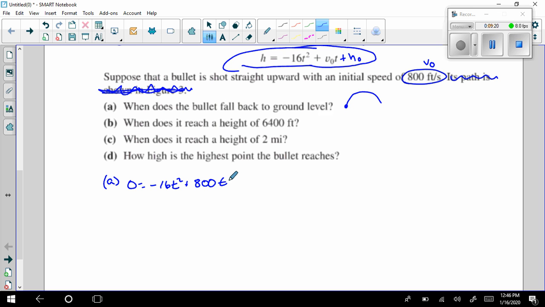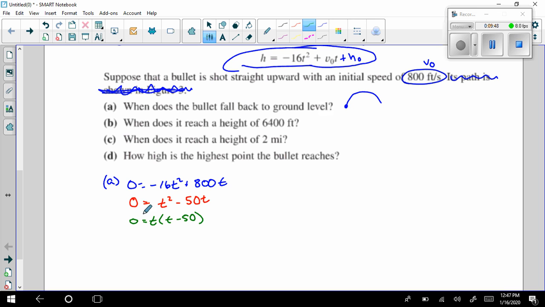Always check to see, does that all divide by 16, which it does, because that helps you reduce it. So I'm going to divide by negative 16, which gives t squared minus 50t, because now we can just factor this and solve it, especially when your initial height is 0 and you just have those two terms. I'm going to take out a t, so t times t minus 50 equals 0.